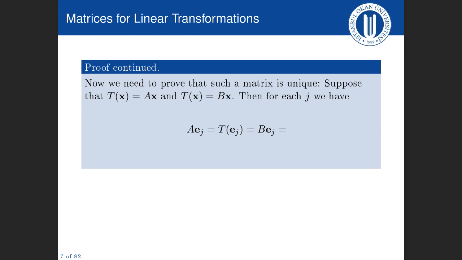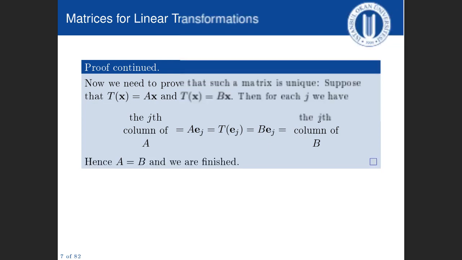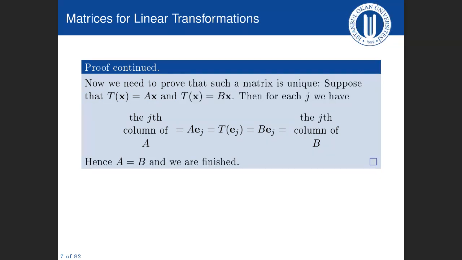If we calculate T(ej), of course that's A ej and B ej, but A ej is just the jth column of A, and B ej is just the jth column of B. So the jth column of A must be exactly the same as the jth column of B. But that's true for all j. So that proves that A must be the same matrix as B, and then we're finished.